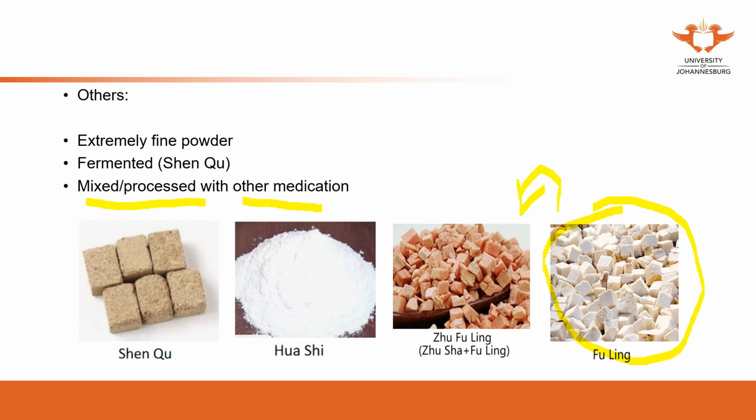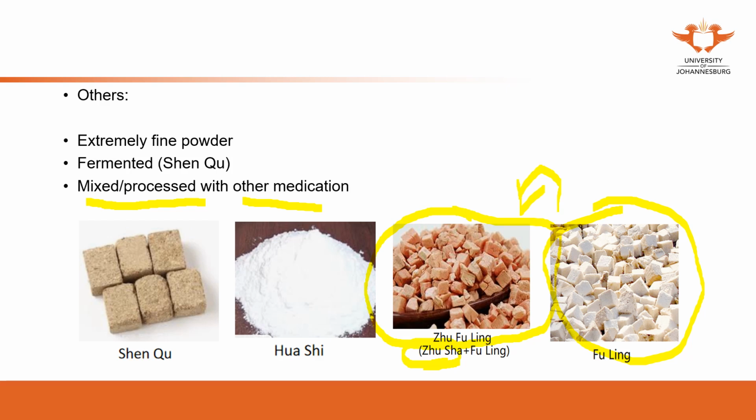We mix the 茯苓 with 朱砂. 朱砂 is red. When you mix them according to a certain ratio, the white 茯苓 will change into a slightly red color. The red color can enter the heart.